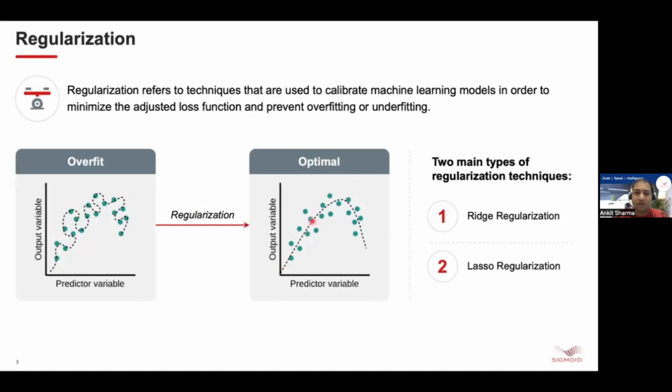If you see this blue dotted line, now our model is providing the optimal solution, and this is how regularization techniques help us. There are mainly two major types of regularization technique. The first is ridge regularization, the second is lasso regularization. We are going to discuss these two techniques in detail.